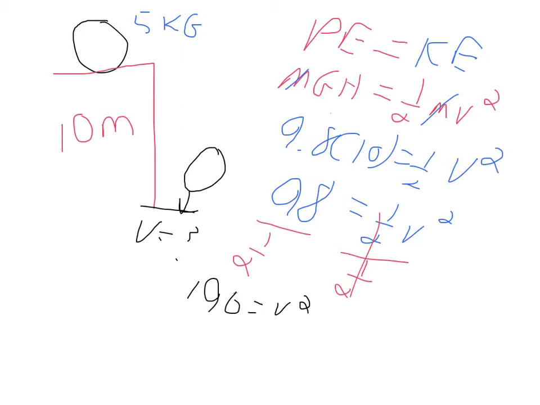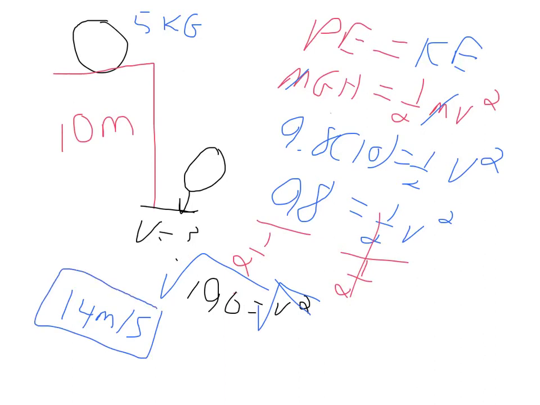Last step, I got to get rid of the squared. The opposite of squaring something is to take the square root. If I do square root on one side, square root on the other. Square root of 196 is, let me use my calculator, 14. My unit, since I have kilograms and meters, will be meters per second.